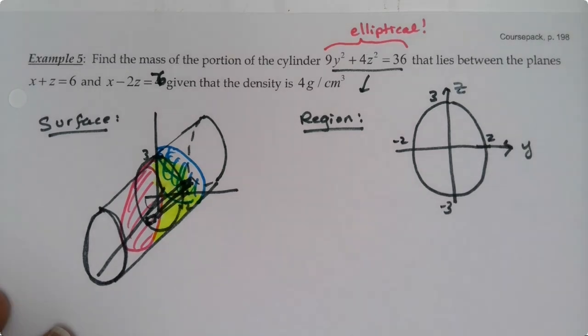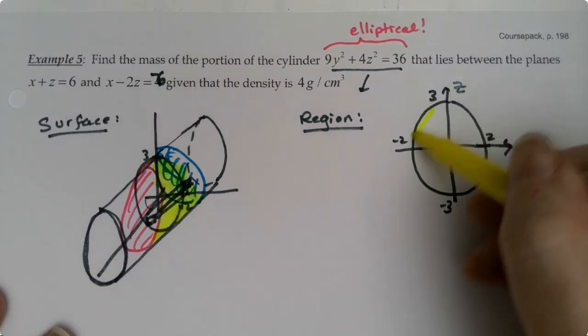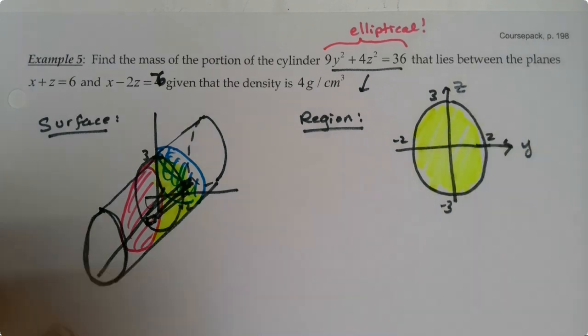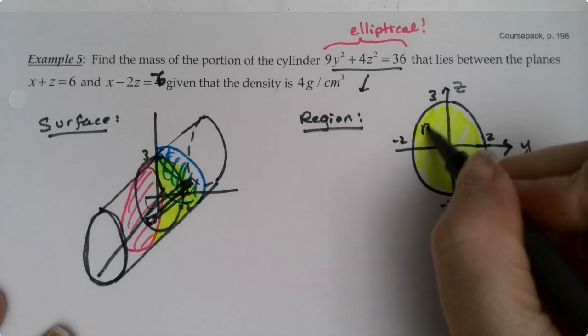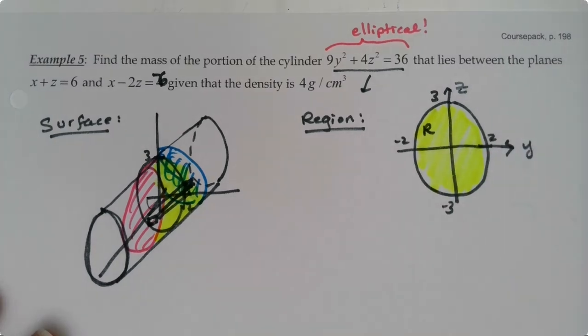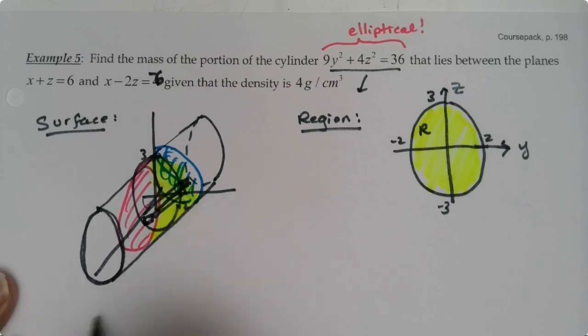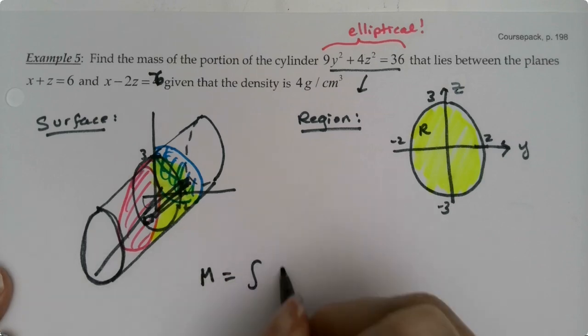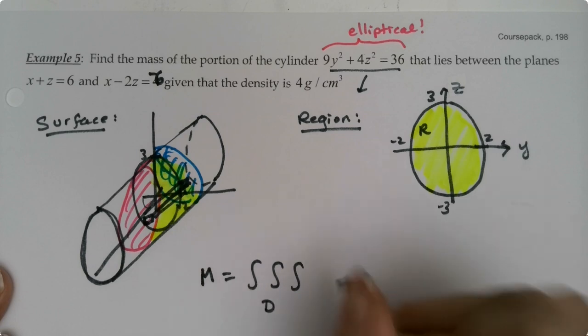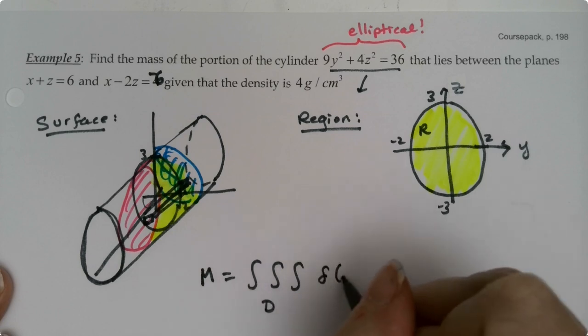All right, so that's our region of integration right here, R. Okie dokie. So we have some things to think about. We have lots of work ahead of us. All right, so the mass is equal to the triple integral over the solid of the density function.